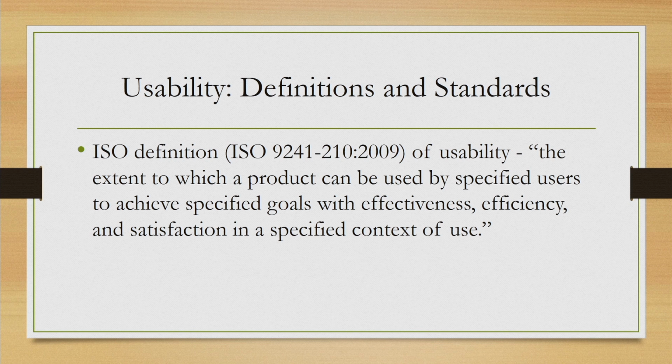Now, usability is a concept which has an ISO or International Standards Organization definition. The standard number is 9241-210, 2009. According to this definition, usability is a measure of the extent to which a product can be used by specified users to achieve specified goals with effectiveness, efficiency and satisfaction in a specified context of use.